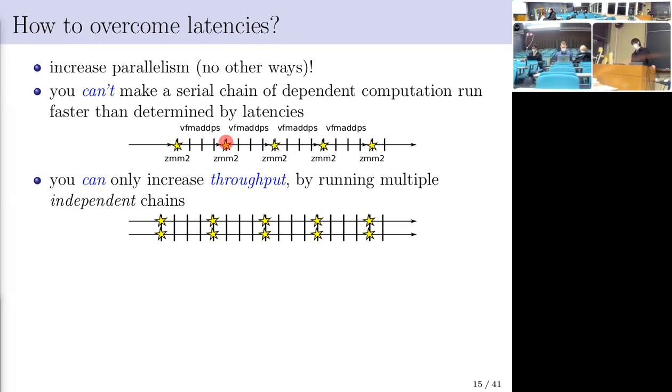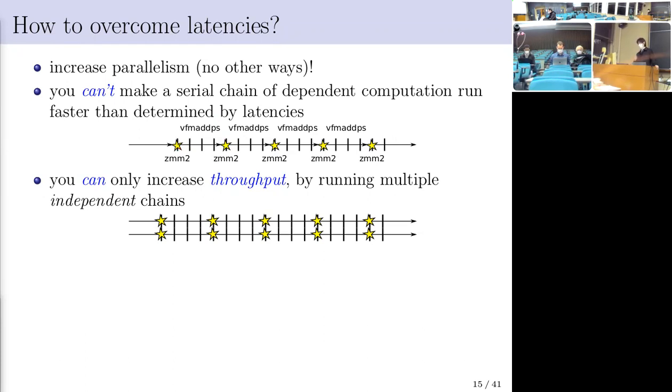If this instruction needs an operand that is produced by this instruction, then the execution of these 2 instructions must be apart by at least the latency of this instruction.